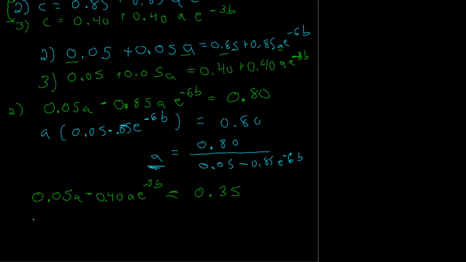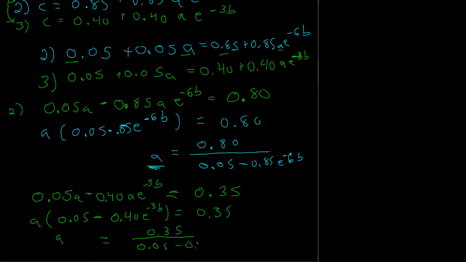I'll do the same thing. I'll factor out an a. 0.05 minus 0.40 e to the negative 3b equals 0.35. And a over there will equal 0.35 over 0.05 minus 0.40 e to the negative 3b. And so now equation 3 looks like this.